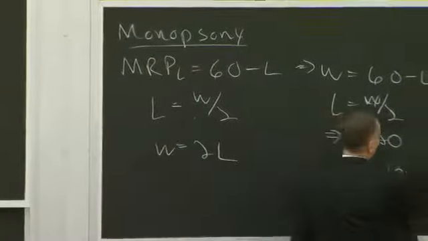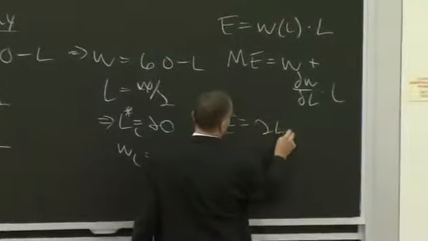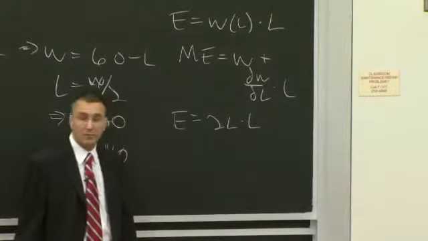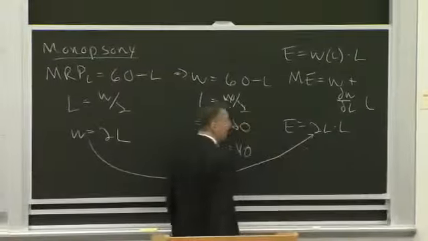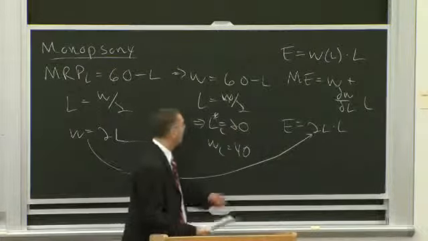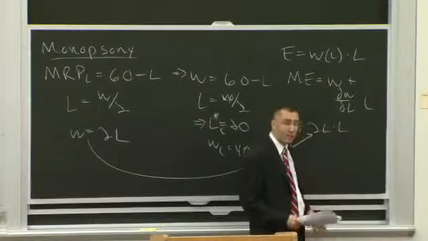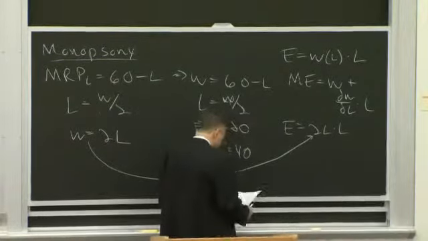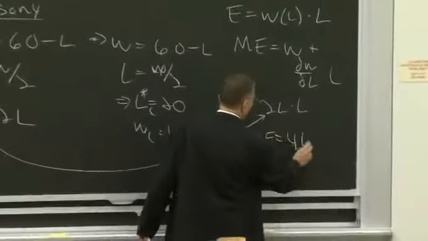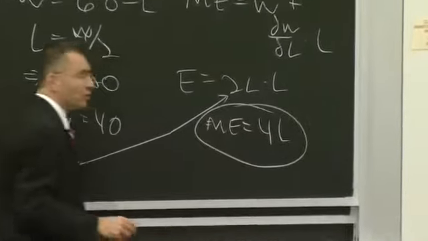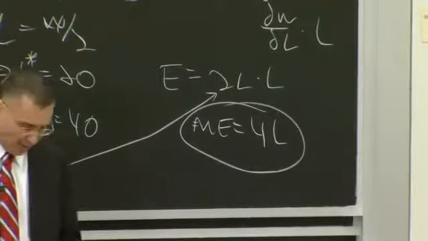So the expenditure on labor is 2L times L. It's wage as a function of labor times labor, so 2L times L. So that means that marginal expenditure is 4L.